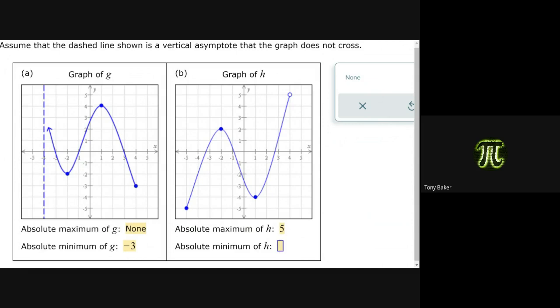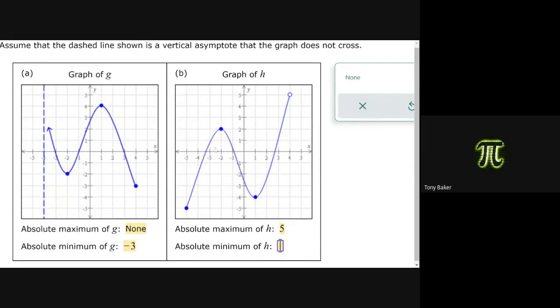I know it can't be 2, because 3 is above 2 and there's a point where 3 exists right here. 4 exists right here. 4.999999 exists right there. So it can't be 2. If they were at the exact same point, then 2 would exist. Or if the point was below that point, 2 would be the maximum. I'm going to put 5, and we're going to see what it says. They might say it's none. We're going to test this out.